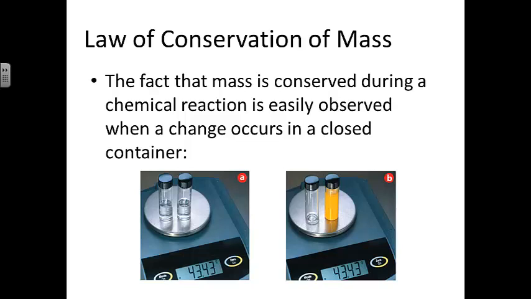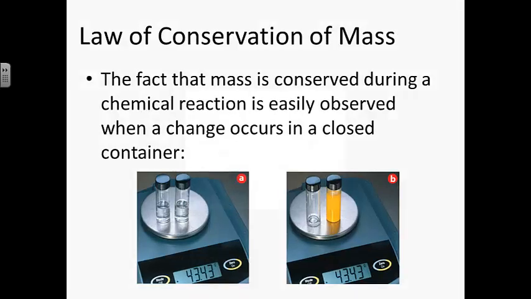When the vials are opened up and one vial is poured into the other, and then they're both capped back off, put back onto the scale, then we see the mass inside the vials, all total, is still 43.43 grams. So mass has been conserved, even though we can definitely tell that a reaction has taken place because we no longer have two separate clear liquids. We have one vial containing a substance that is now yellow.